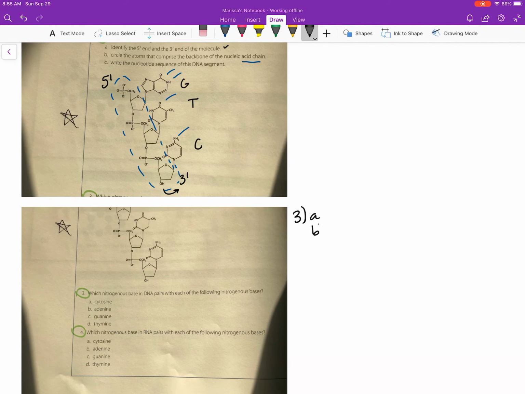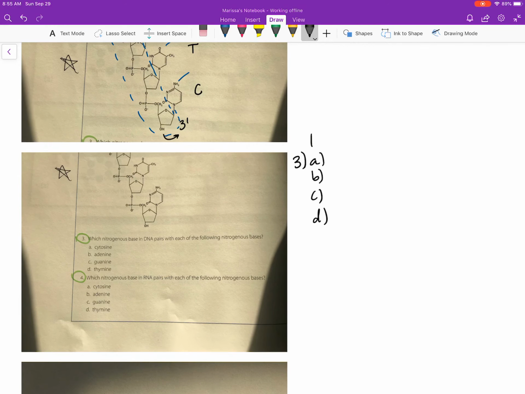The nice thing about 3A, B, C, and D is that we're looking at DNA. And then 4A, B, C, and D, we're looking at RNA. All you need to remember is the mnemonic I taught y'all, which is apple tree chewing gum. So if I have cytosine, it's going to pair with guanine in DNA.